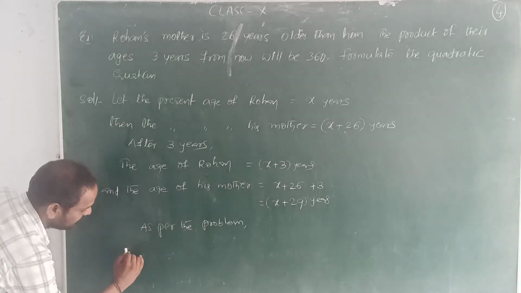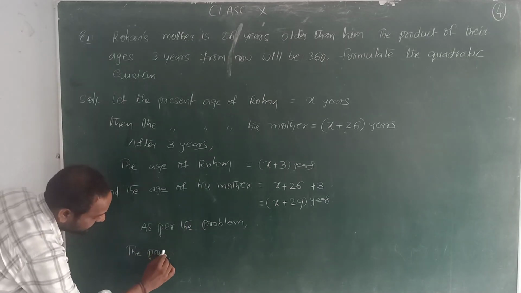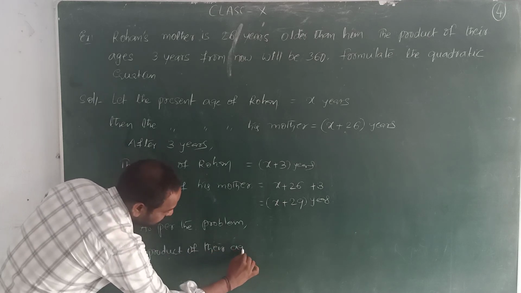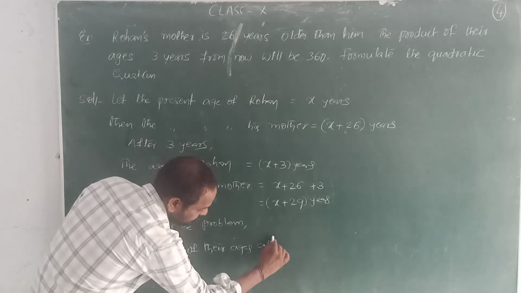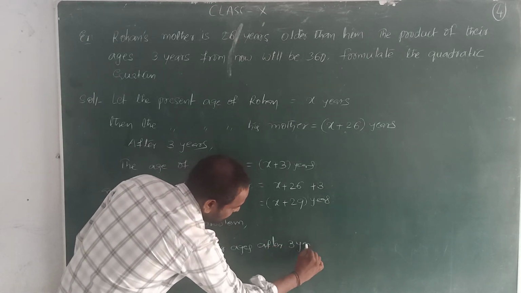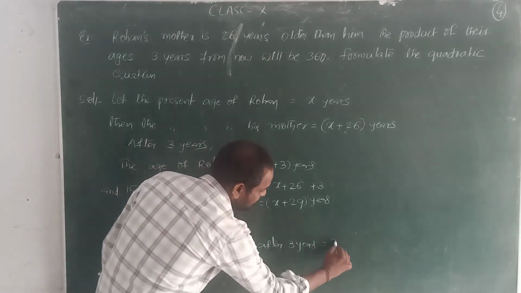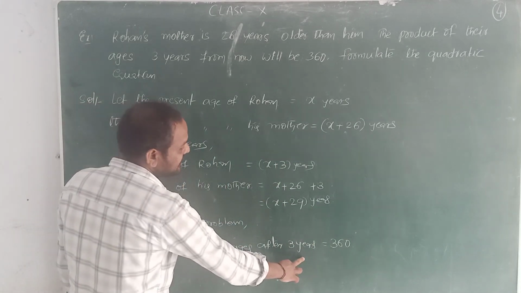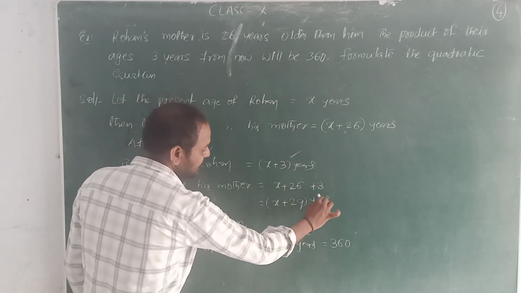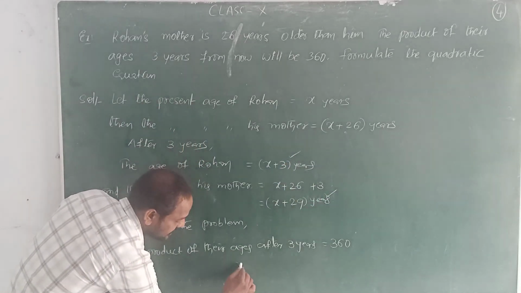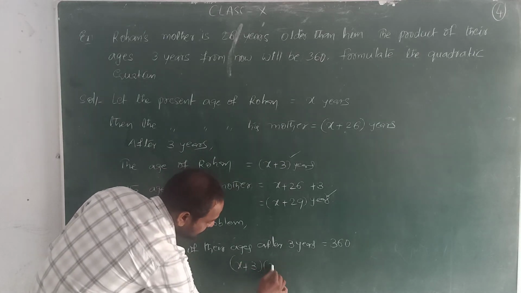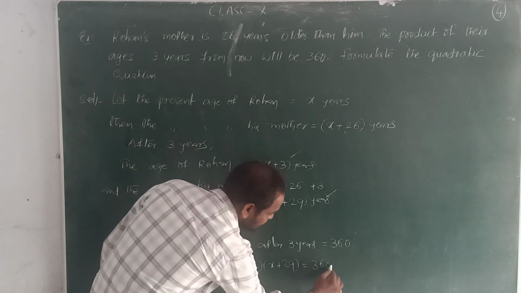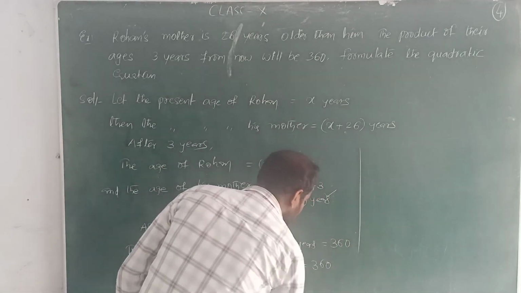Therefore, as per the problem, the product of their ages after 3 years is equal to 360. So what are their ages after 3 years? X plus 3 and X plus 29. So multiply X plus 3 and X plus 29 is equal to how much? 360.